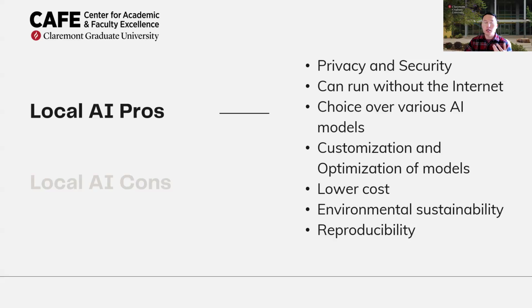So when you're using local AI, when you're downloading those AI models locally, you can choose which AI model you want to work with. And while this by itself may not sound like an advantage, if we think about the customization and optimization of models it provides, that could really become a huge advantage.